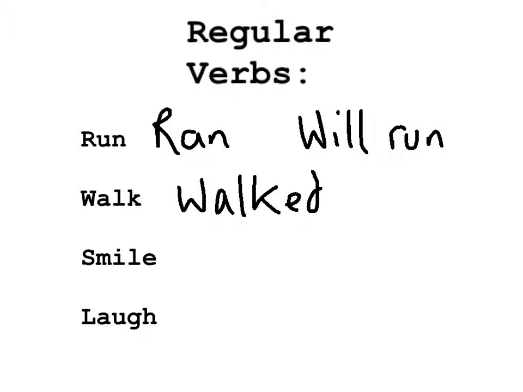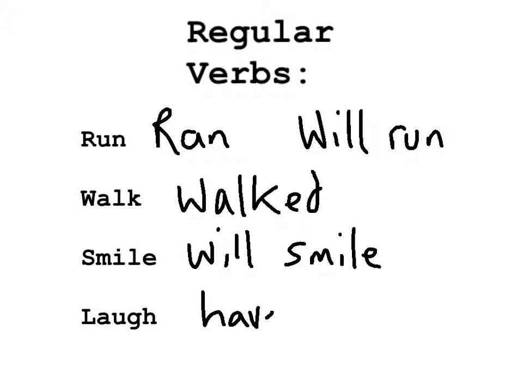Tomorrow I plan to smile. I will smile. I have laughed before. So a simple way to identify a verb is to test to see if it will change over time.